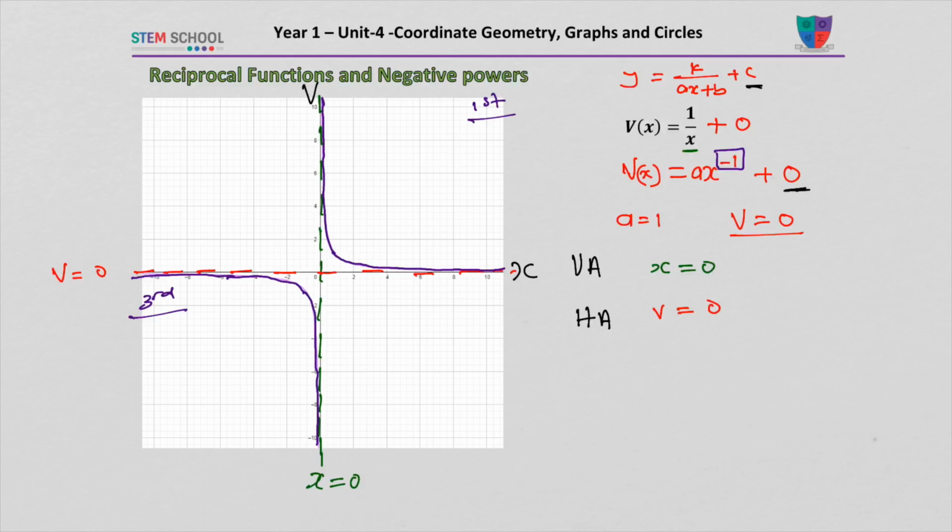So that's how we sketch the graph. We need to check the important factors here. Check the exponent, check the a, it's positive in this case. We need to set the denominator to 0 to get the vertical asymptote, and work out what the value of c is to work out the horizontal asymptote.